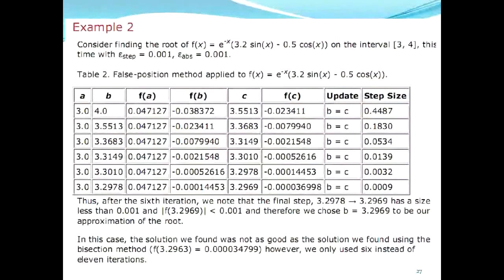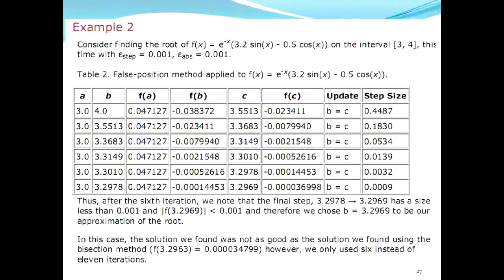Now we come to example number 2, which is a little bit complicated, containing e to the power minus x, sine x and cos x. This is a combination of these three functions, and the interval is 3 and 4. The tolerance is up to 3 decimal places.